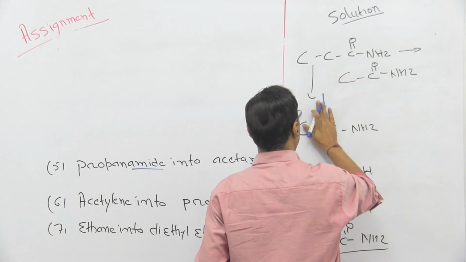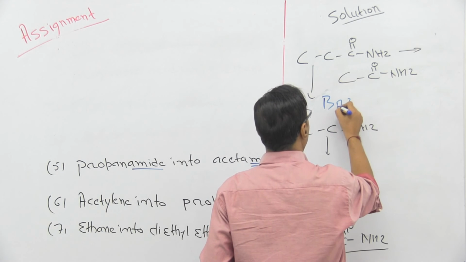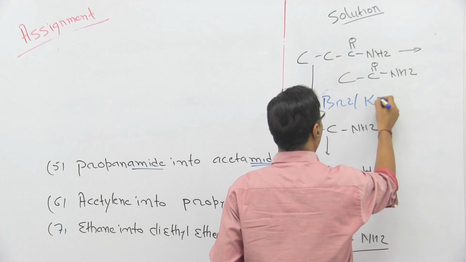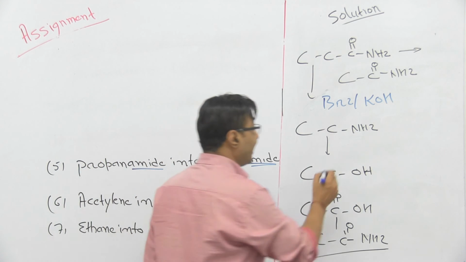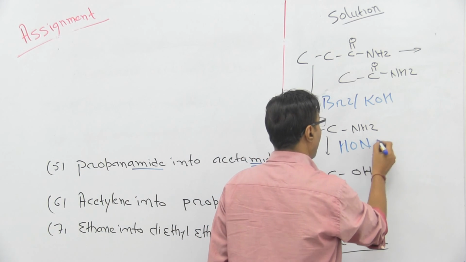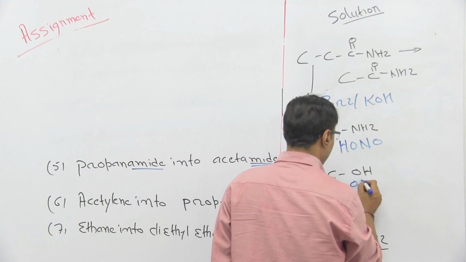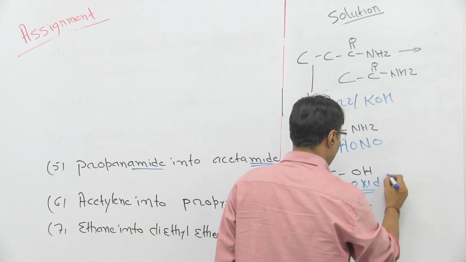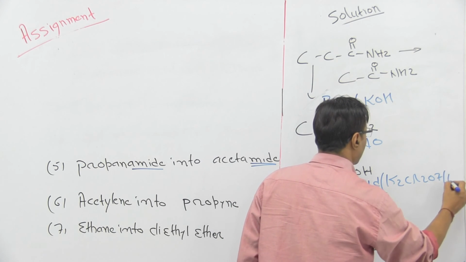This one is decarboxylation. This one is Hofmann bromide reaction, and the reagent is Br2 in presence of NaOH or KOH. This one is HONO, nitrous acid. This one is oxidation. Reagent is K2Cr2O7 in presence of H positive.